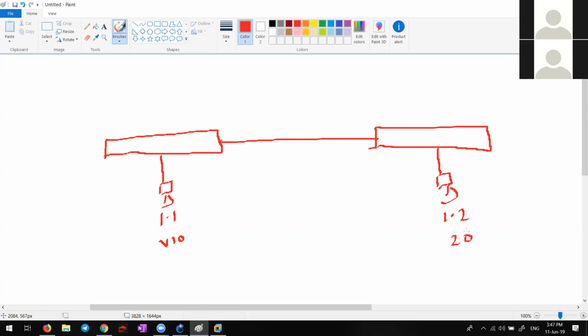Will they ever communicate with each other? No, right? Same network, two different VLANs, they cannot communicate. But I want them to communicate with each other. How?